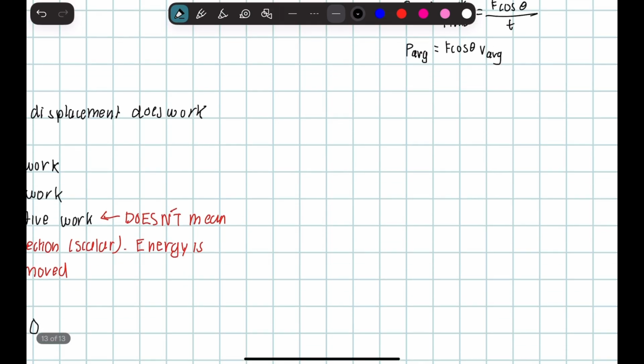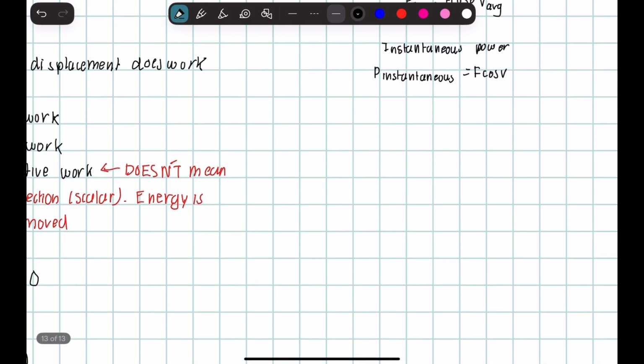And this is the general form that instantaneous power can be calculated. So we have P instantaneous is going to be equal to F v cosine theta, which in vector notation is the scalar product. So that's just rewriting that as P is equal to F dot v.